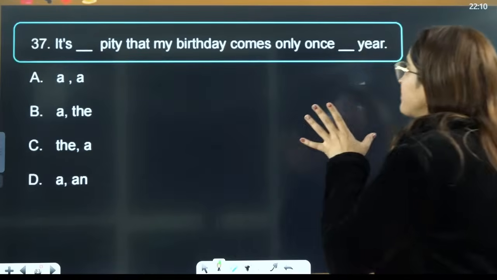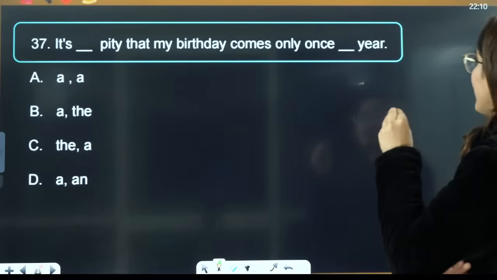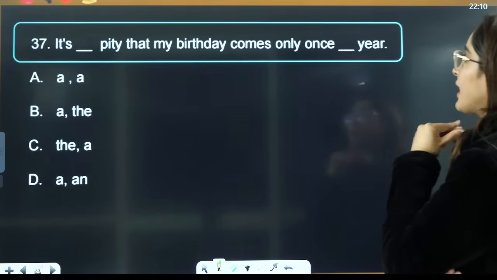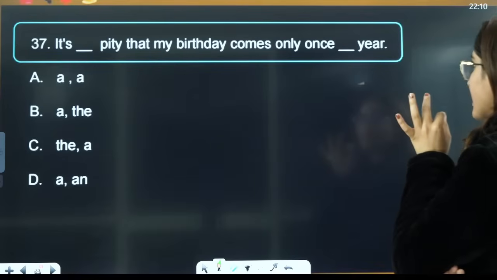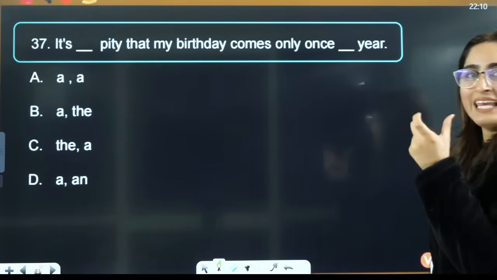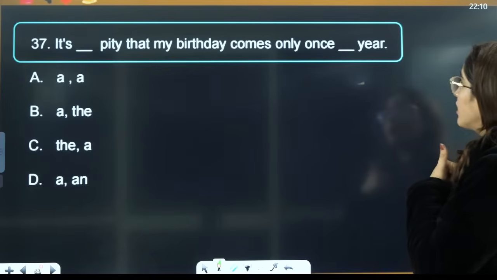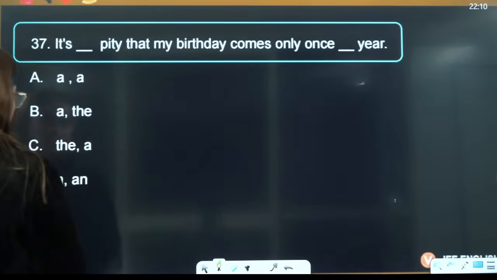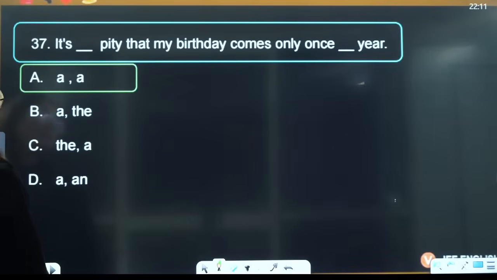It's a pity that my birthday comes only once a year. It's a pity that my birthday comes only once a year. It is a year. So the answer will be once a year.